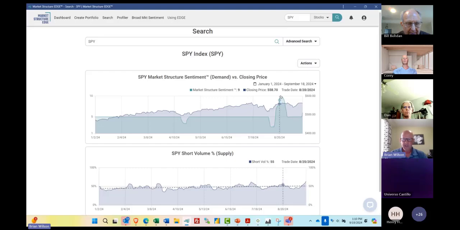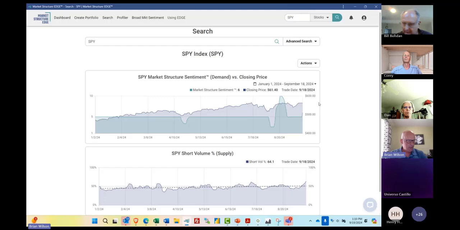I won't go back to 2023, but for most of 2023, that meant a brief period of flattening out, consolidation, call it whatever you want. And then the market continued to go higher.